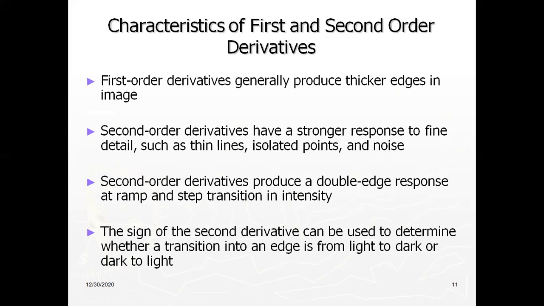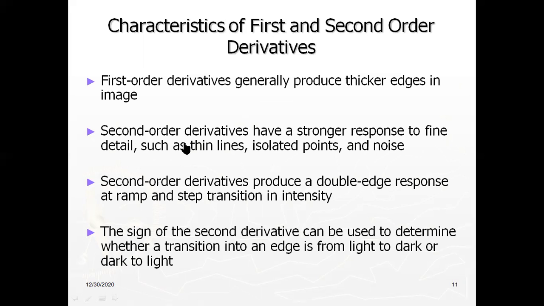Then here we are going to look at the characteristics of first and second order derivatives. So actually for edge detection, we can make use of both the gradient and Laplacian operators, which are also known as first and second order derivatives. First order derivatives generally produce thicker edges in the image.